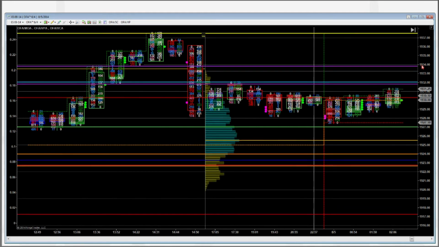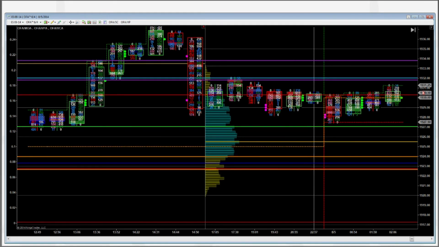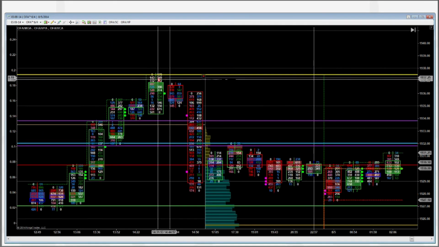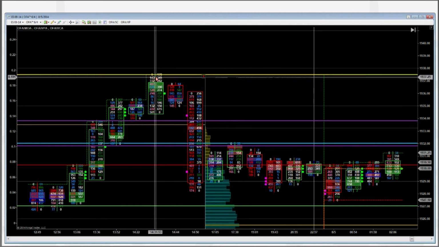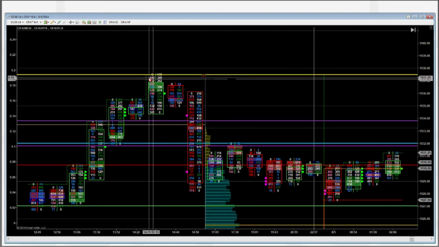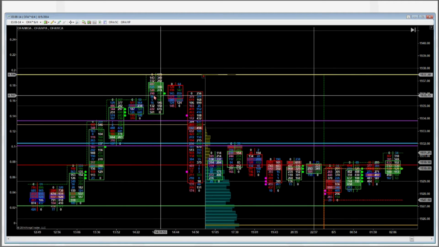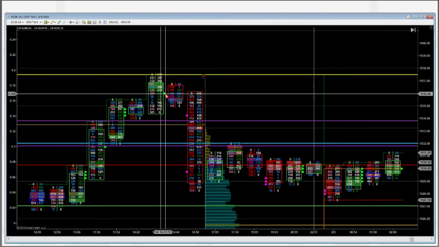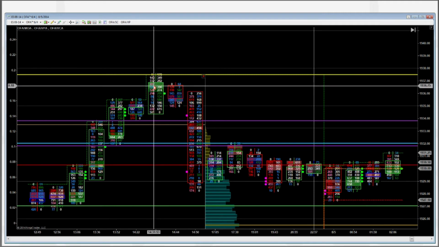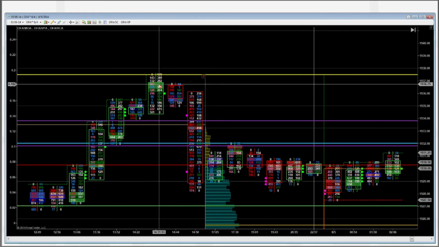So I have strength. I've got to make this a little bigger. Okay. We had relative neutrality in terms of the auction, not strength to the bid or the offer side. We had momentum in this bar. We had a cluster that showed the majority of volume in this cluster came in at the offer.